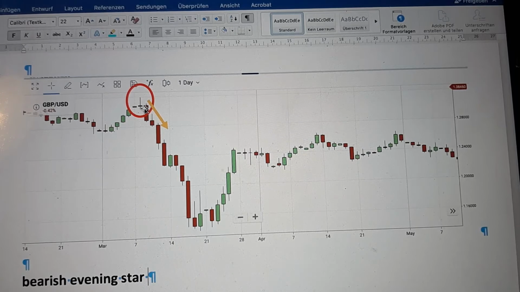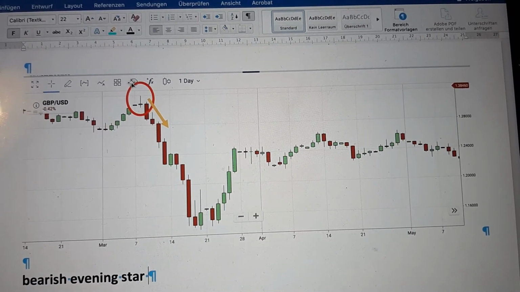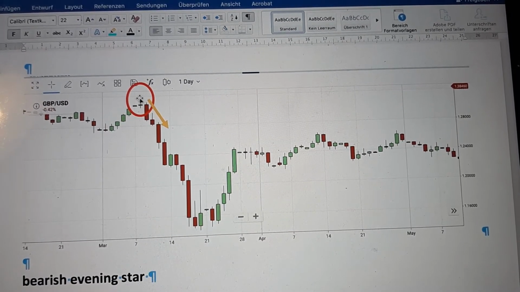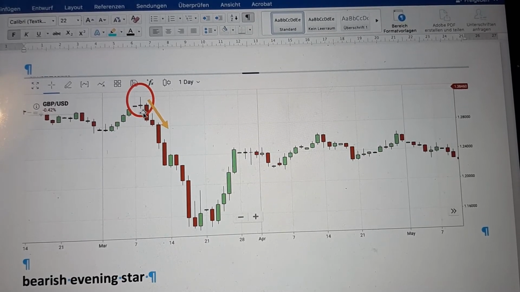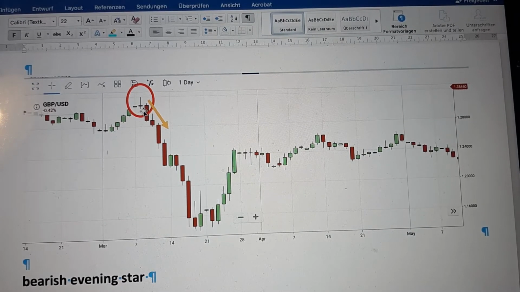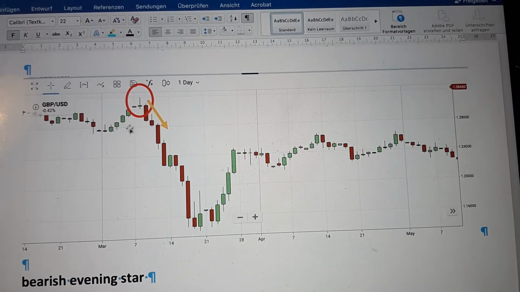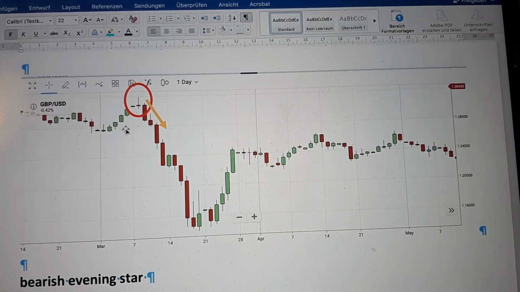As I told you earlier, a doji, a cross, always means people are now reflecting about a particular question. That's like a question mark. People are no longer sure whether they'd like to continue with this uptrend here.